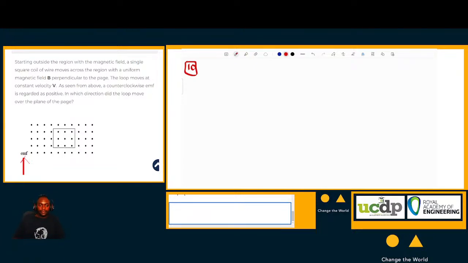You can read through. Starting outside the region with a magnetic field, a single square coil of wire moves across the region with a uniform magnetic field B perpendicular to the page.